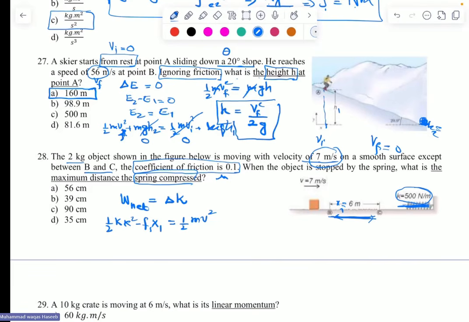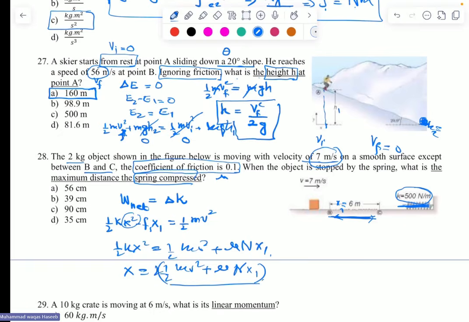Now we want to find this x, and we took all the constants to the other side. So 1/2 k x squared equals 1/2 m v squared plus f s, which is mu n x1. So your x will be the square root of 2 times (1/2 m v squared plus mu n x1) divided by k.